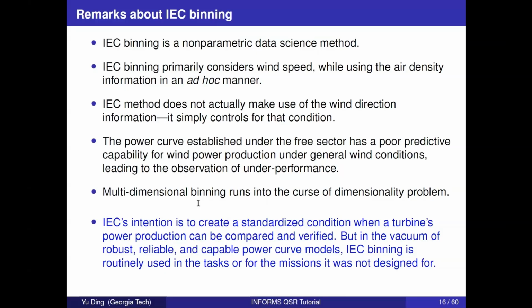You're going to use a data-driven method to get your own fuel consumption for a certain kind of task. And that's the same thing applied here, right? IEC never really asks you to use their method for your own prediction, right? They provide that for another purpose. It's just in the vacuum of more powerful prediction tools, the owners or operators say, let's just use the IEC method, okay?